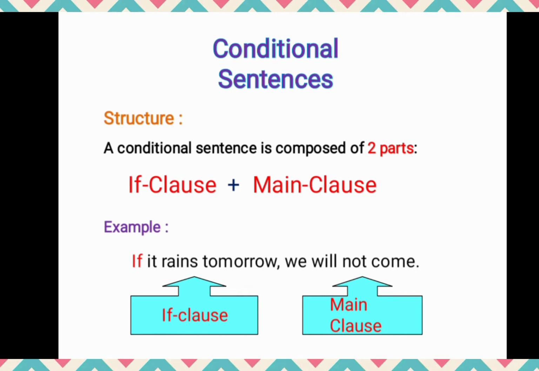If it rains tomorrow, that is the if clause; we will not come, that is the main clause, and this structure fulfills the whole construction of a conditional sentence.